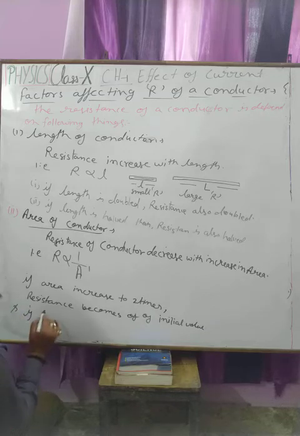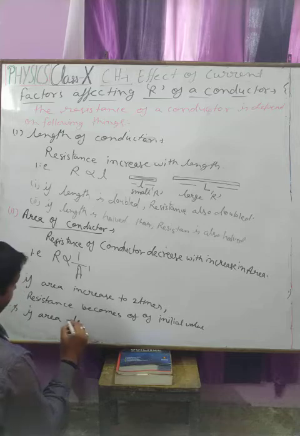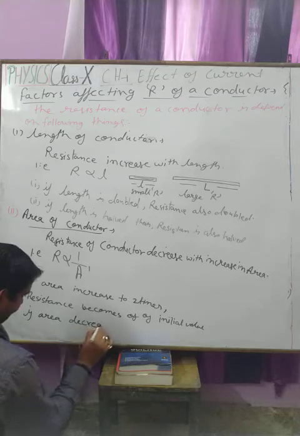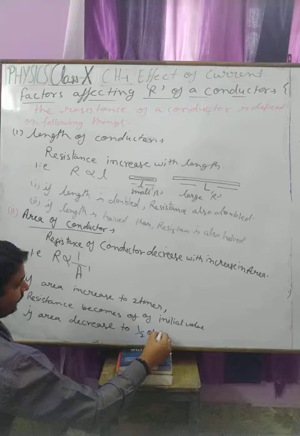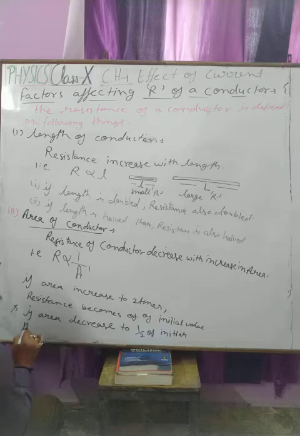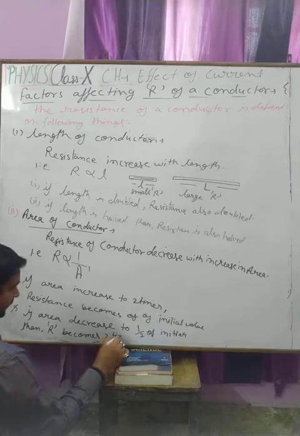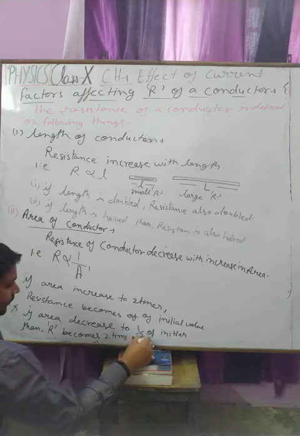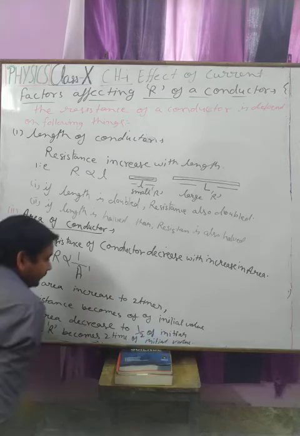And if area decreases to one half of initial, then resistance becomes 2 times the initial value.